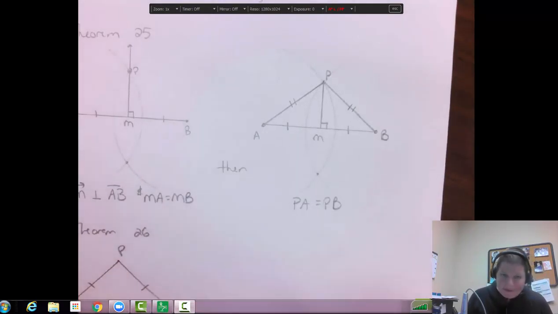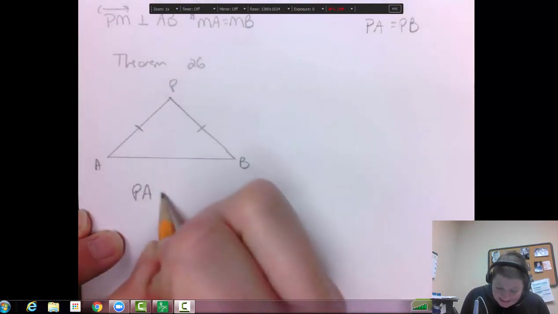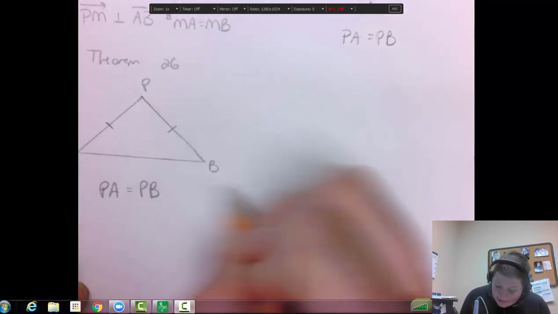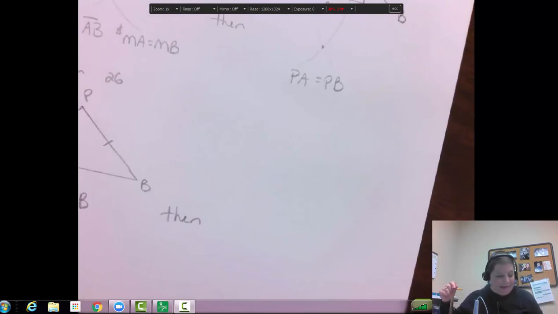I think I need to put this over, there we go. So if you have this, so you have PA is equal to PB, then you're going to also then have a perpendicular bisector from P to AB.